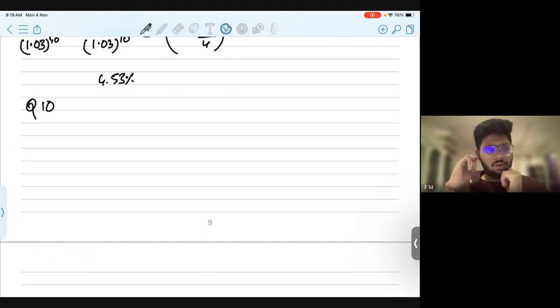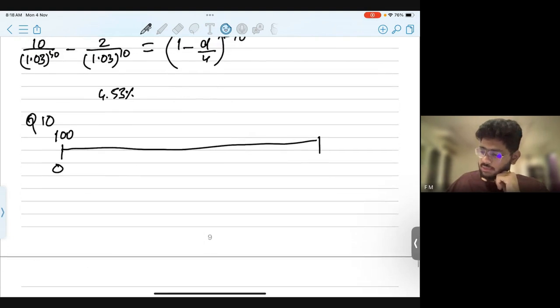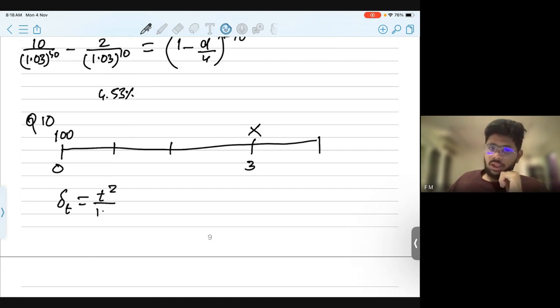Ernie makes deposits of 100 at time 0 and X at time 3. The fund grows at a force of interest delta t equal to t squared by 100, for t greater than 0.